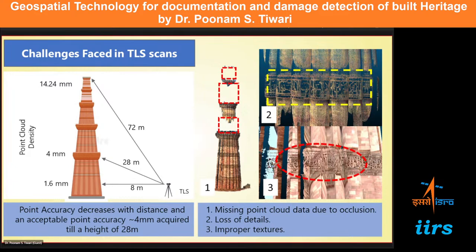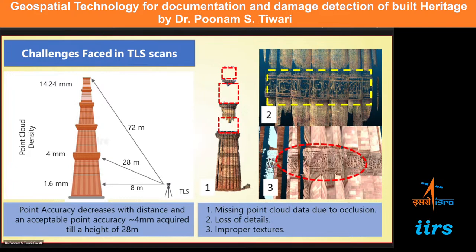4 millimeter means that at every 4 millimeter there is a point. So if there are a large number of points, dense information is there. But the same point density decreases to 14.24 mm at the top of the tower.